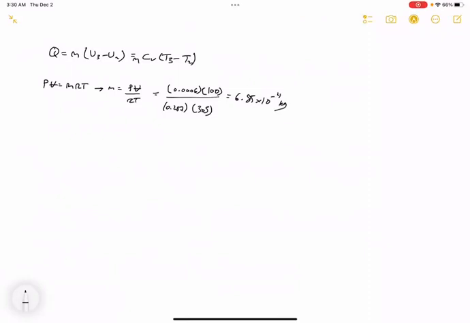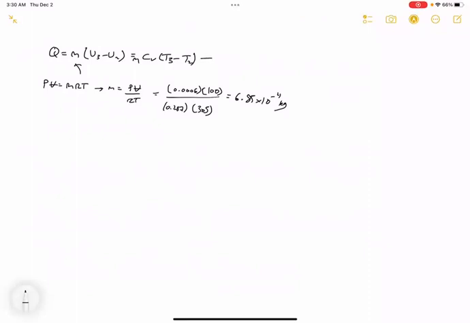So we're going to use this mass to find the heat transferred to the system by plugging it in over here. We know m, we just found that. Cv we know from the tables, it's 0.718 kilojoules per kilogram Kelvin. And T3 and T2 we found just before, 1926.5 and 734.5 respectively.